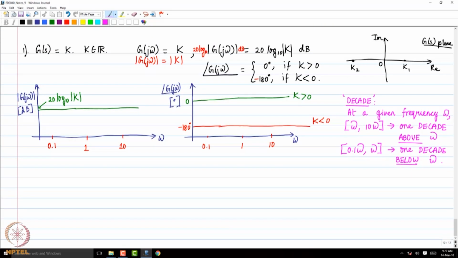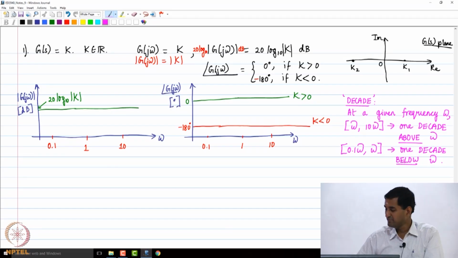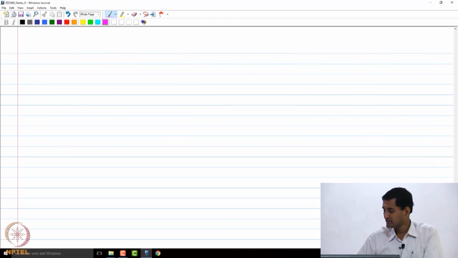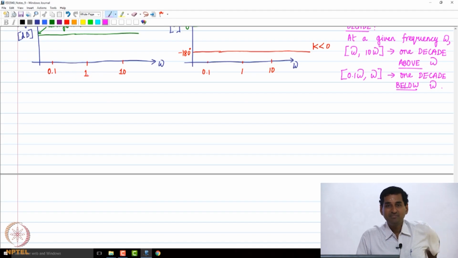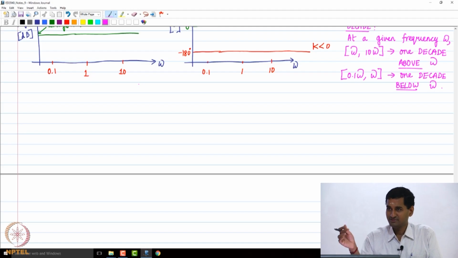So that is the definition. By and large, we will mark frequencies on the x-axis as decades. If you consider 1 as the base frequency, the frequency under consideration, 10 is 1 decade above 1. So the region 1 to 10 is a region 1 decade above 1. From 0.1 to 1 is 1 decade below 1. So that is what this is.